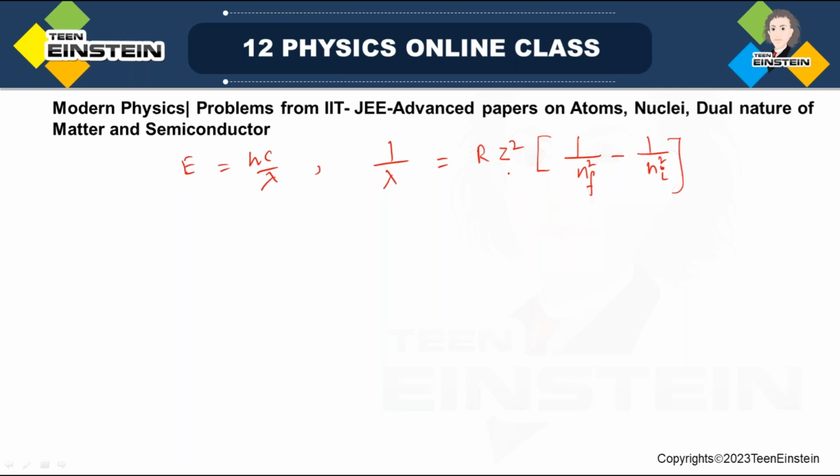So this is the formula we know for the transition of an electron, like for a hydrogen atom.